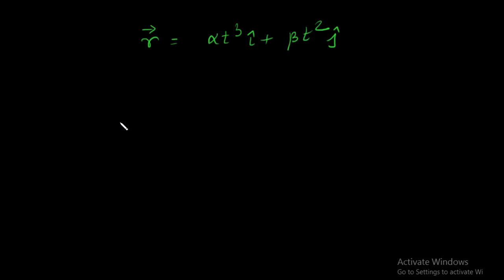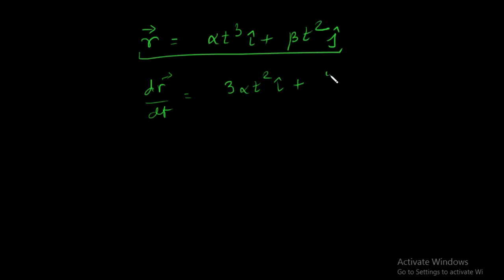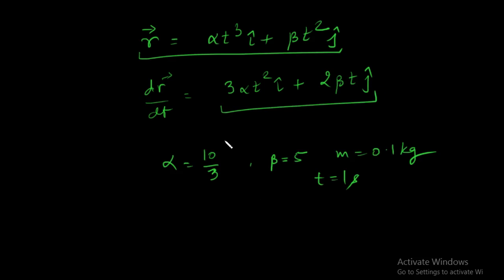So this is the radius vector given. Now we have to calculate velocity. It is very easy, we just differentiate it. So we will have 3 alpha t square I plus 2 beta t j. Values of alpha, beta, m and t are given. At t equal to 1 we will have to find out.